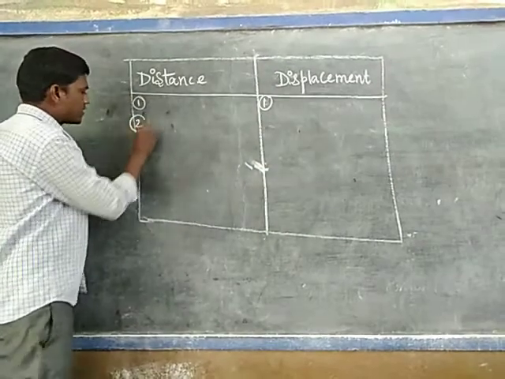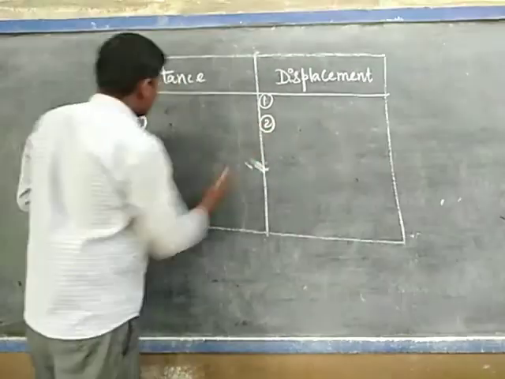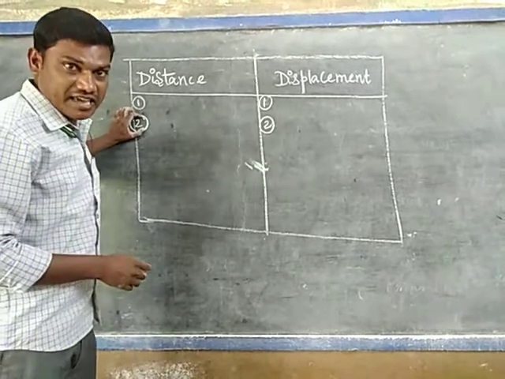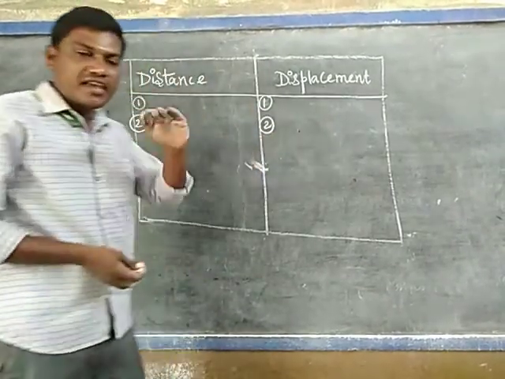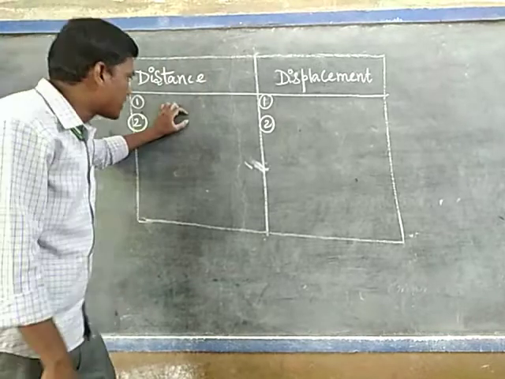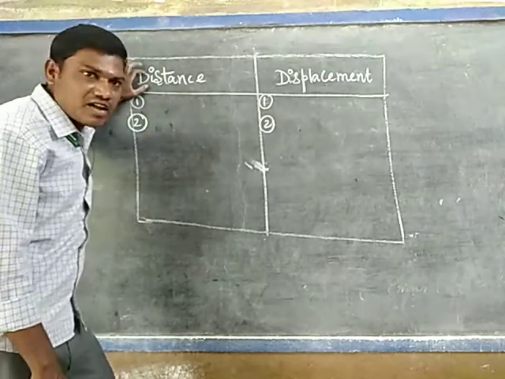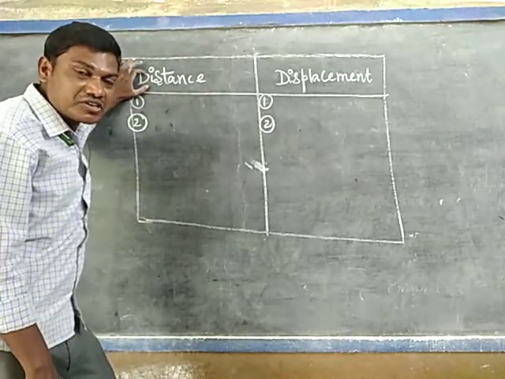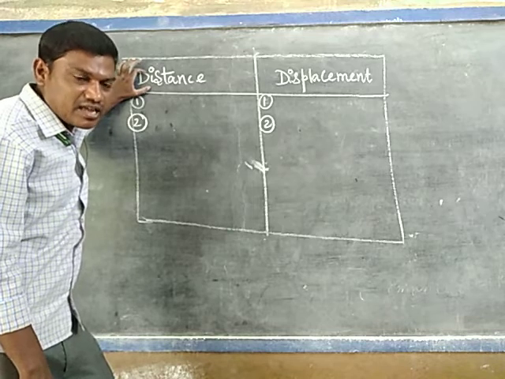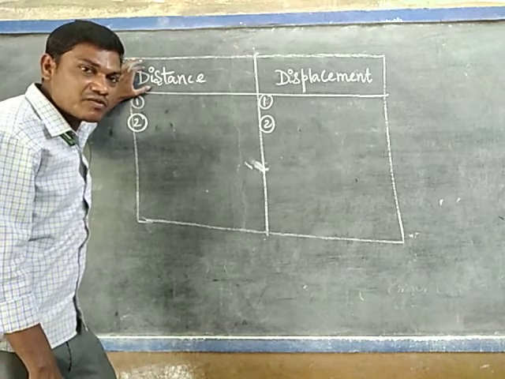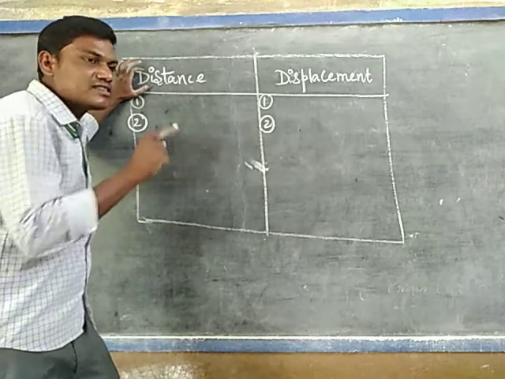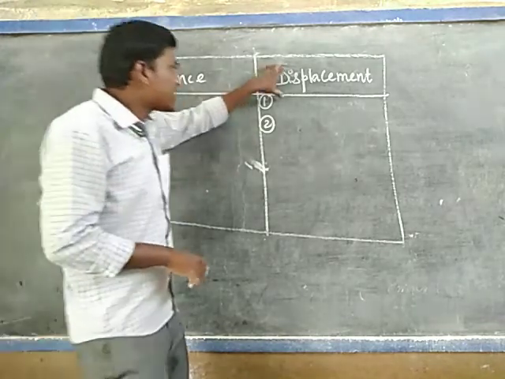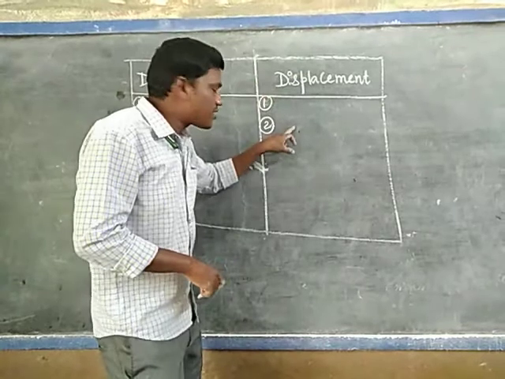And the second one is: distance is a scalar, displacement is a vector. I already explained that clearly in the previous video. In the case of distance, we don't consider any direction. Whatever path it follows, only the total length of the path is considered. But displacement is a vector.